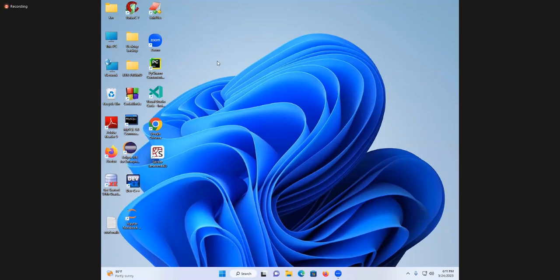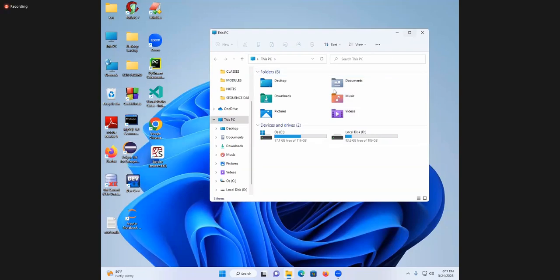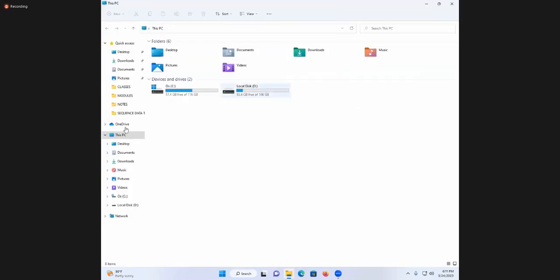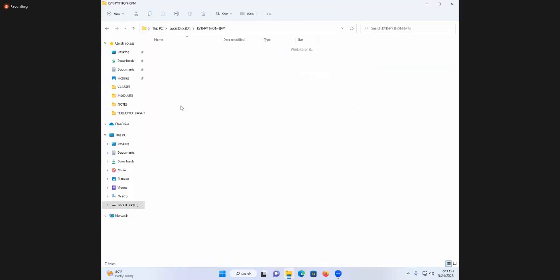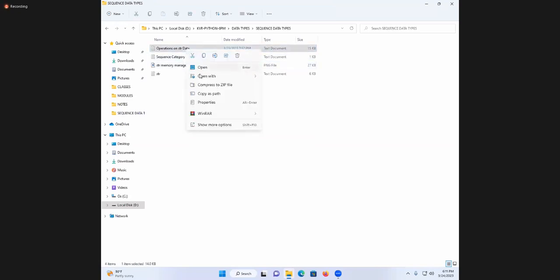So now we'll continue the topic. Last class we completed one small topic, mutability and immutability. And before that, one important topic in the data types, which is the most important: operations on str data.